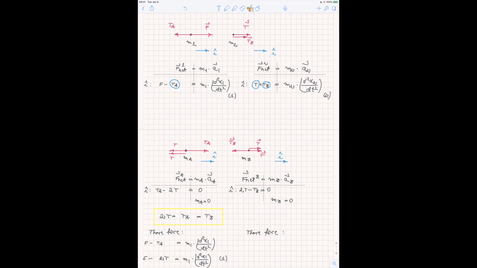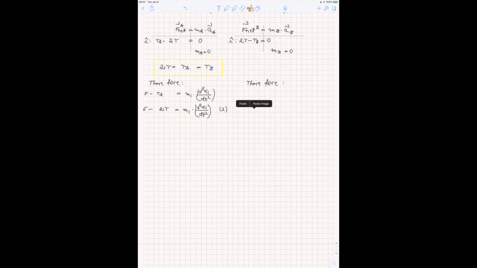I can copy this equation which we just had before, and replace TB. We have T plus TB, but TB is 2T, so therefore we have 3T equals m2 times d squared x2 over dt squared. I call this equation 2.